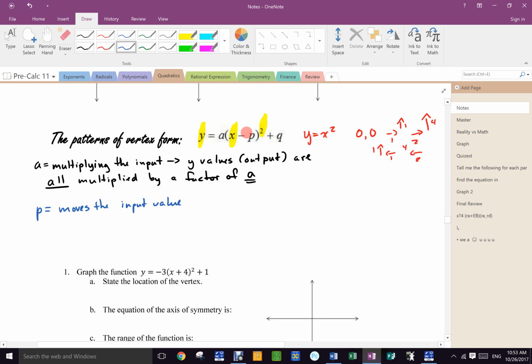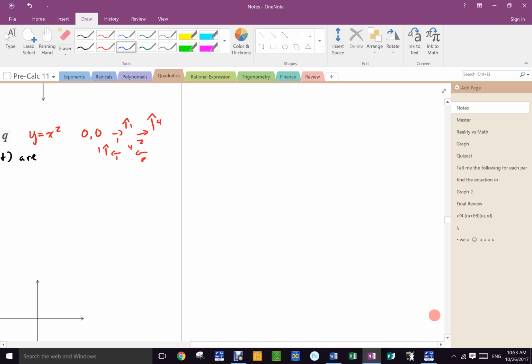Does it mean minus or does it mean negative? Negative meaning the opposite. Think about what you know about graphing. Think back to point slope form.